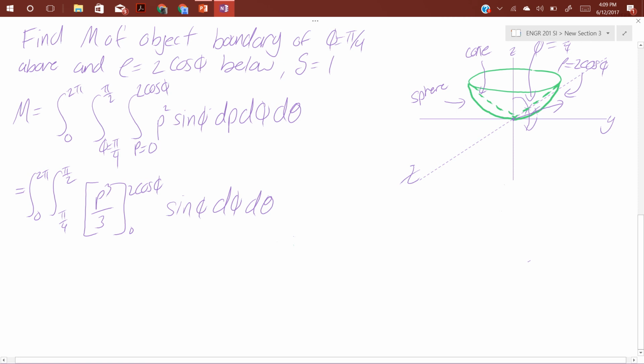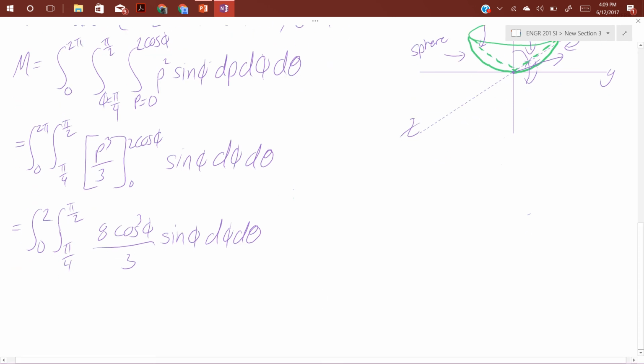And when we put that in, we'll get 8 cosine cubed phi over 3. So this will equal 8 cosine phi cubed over 3, and then we'll have sine phi, which is very convenient because in order to integrate the cosine cubed, we needed a du, which would be our sine phi, because that's the derivative of cosine.